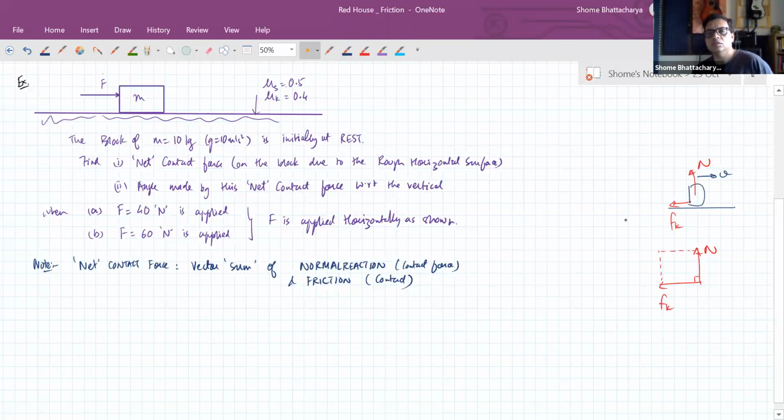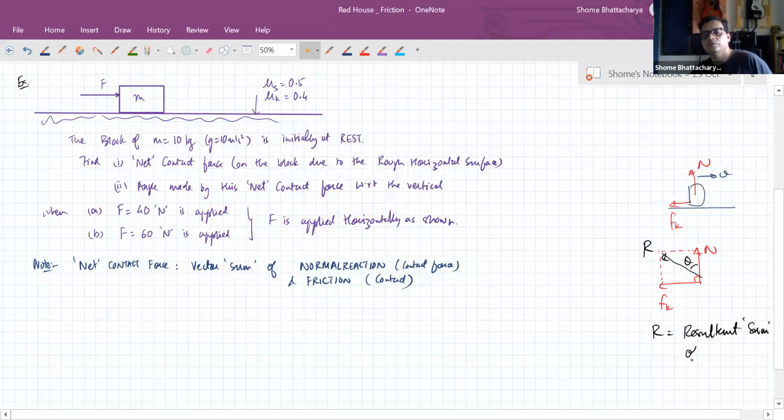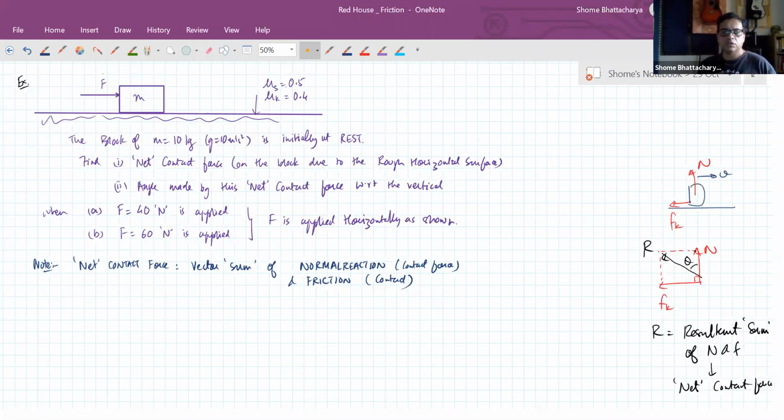So this quantity over here, let's say this is some R. This R is the resultant sum of normal reaction and friction, and that is the net contact force. And this angle theta is the angle it is making with respect to the vertical. So in each of these situations A and B, you have to calculate what this R will be, this net contact force, or resultant sum of the two contact forces.